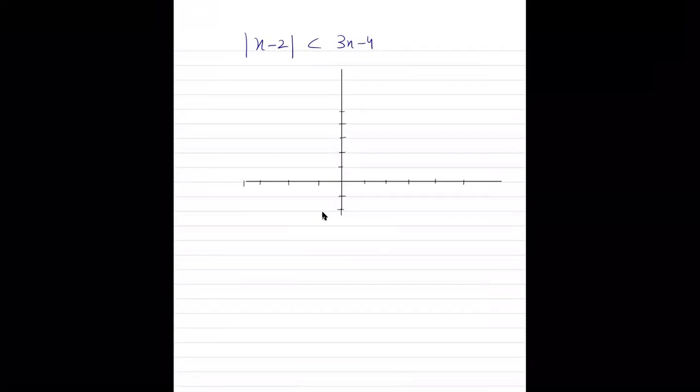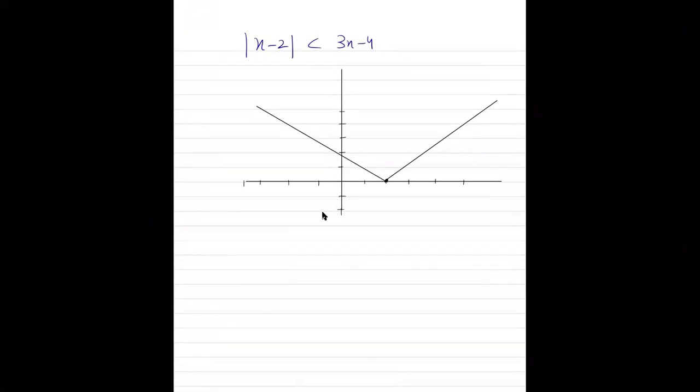So x minus 2 is going to be this, and for 3x minus 4, you just need to draw the line of 3x minus 4.